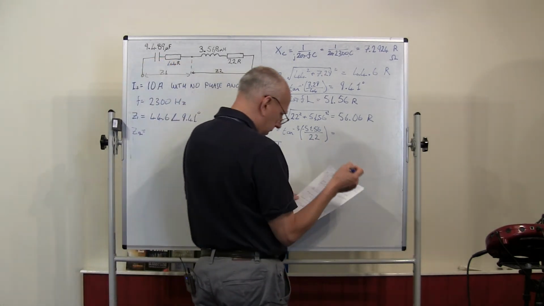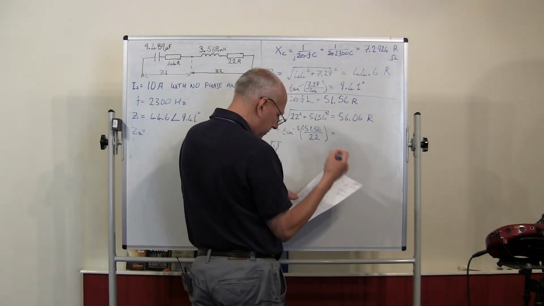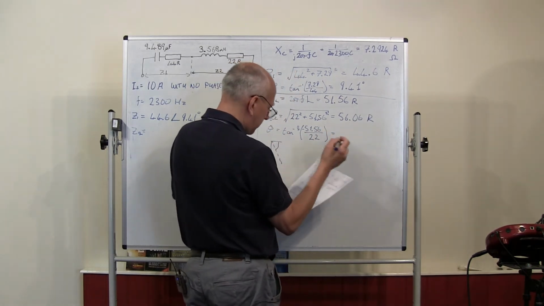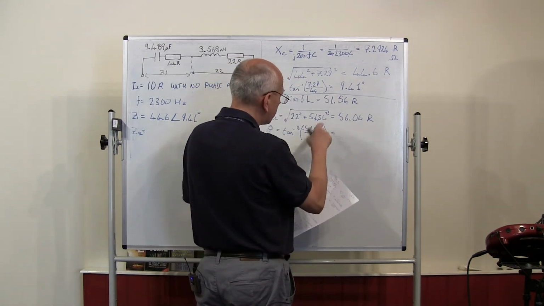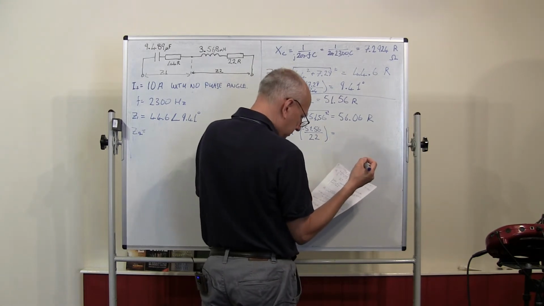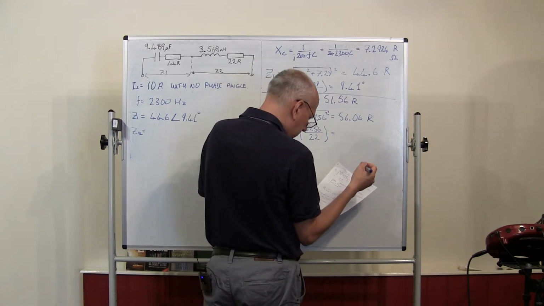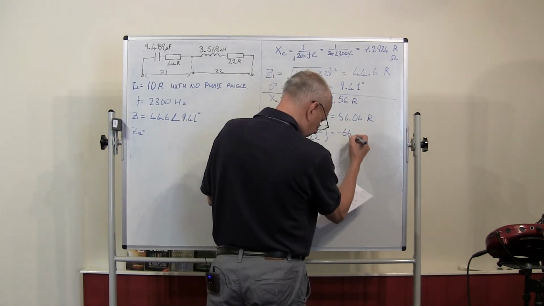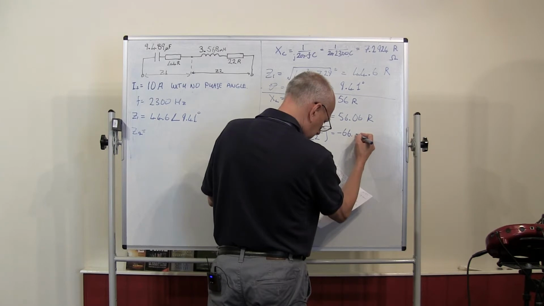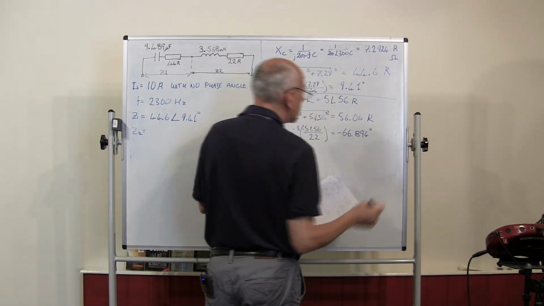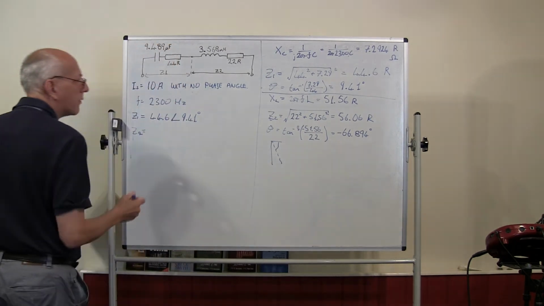We know from doing the maths it's going to be a minus value, so we could do it without the minus sign and just add it at the end if you prefer. That gives us a value of minus 66.894 degrees.